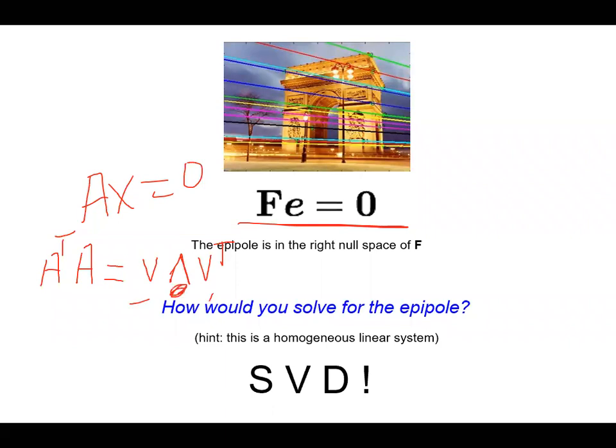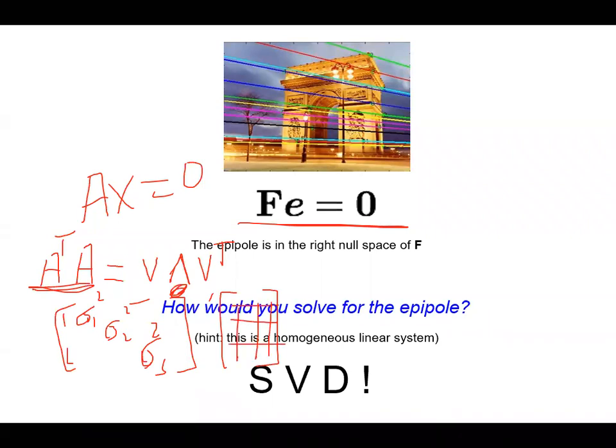This will show me sigma 1 squared, sigma 2 squared, and then sigma 3 squared, multiplied by the V matrix or its transpose, whatever shape you get.